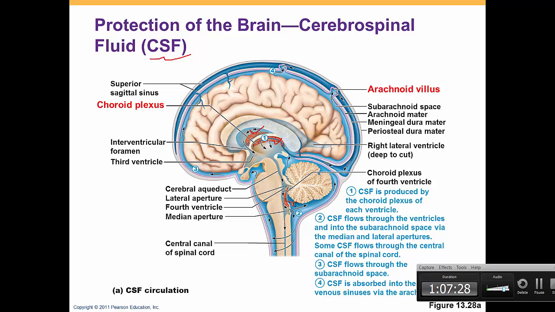From the fourth ventricle, it can either travel through the central canal of the spinal cord or go around the brain in the subarachnoid space, travel all the way here, and then at this point it can be taken out or absorbed back by the arachnoid granulations or arachnoid villi. So I have two structures I want you to know. The one that makes the CSF is my choroid plexus. The one that drains the CSF is my arachnoid villi.